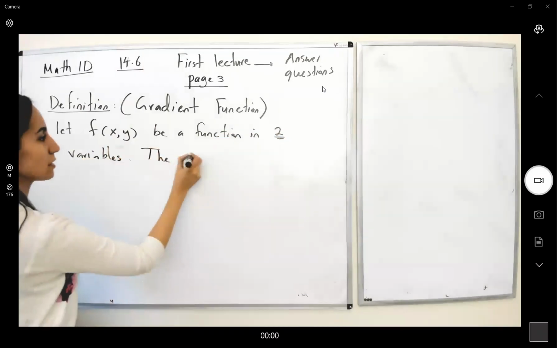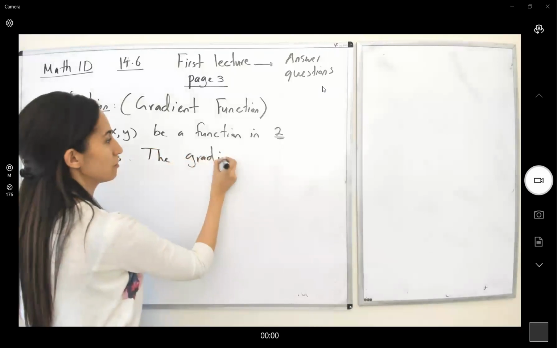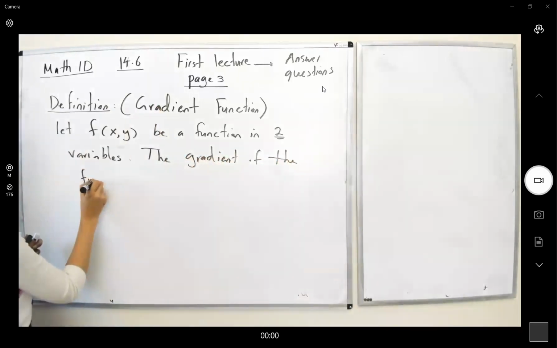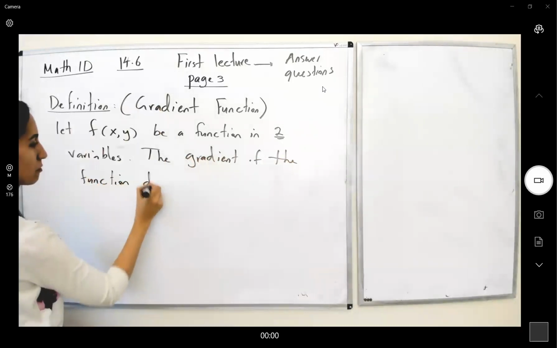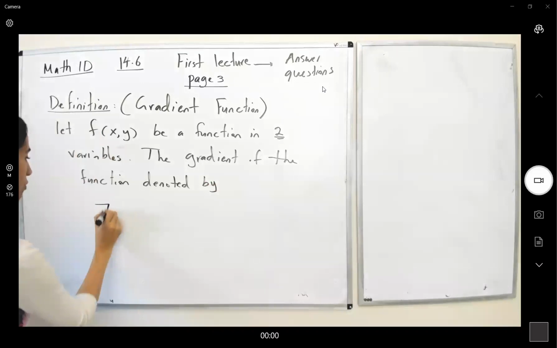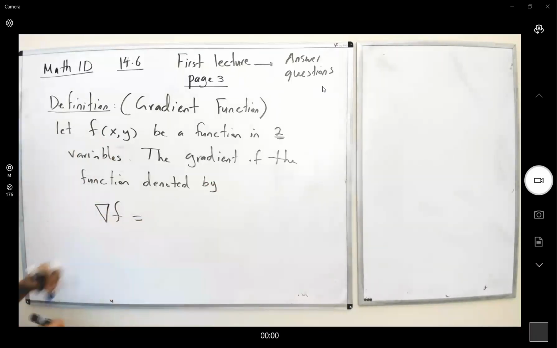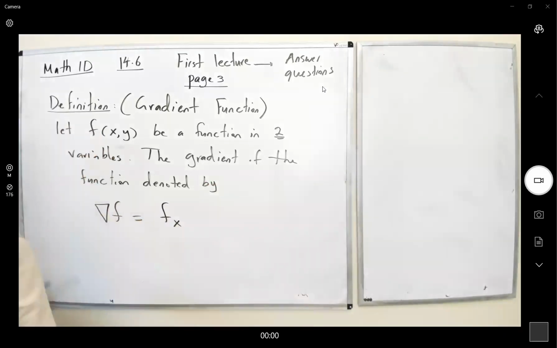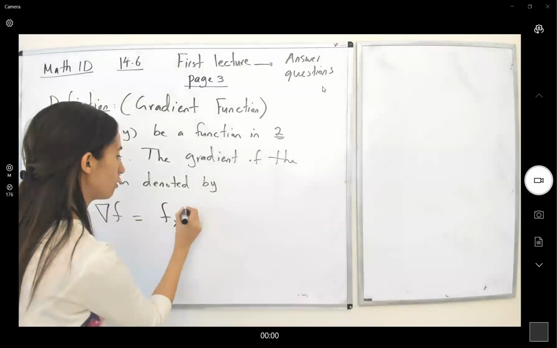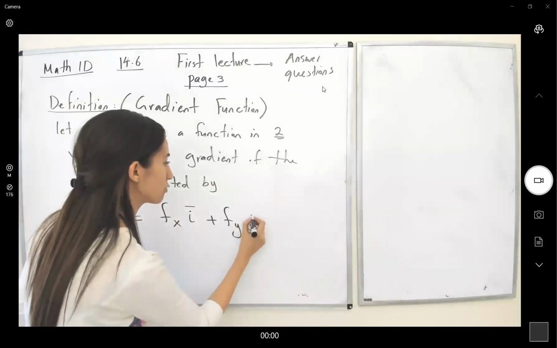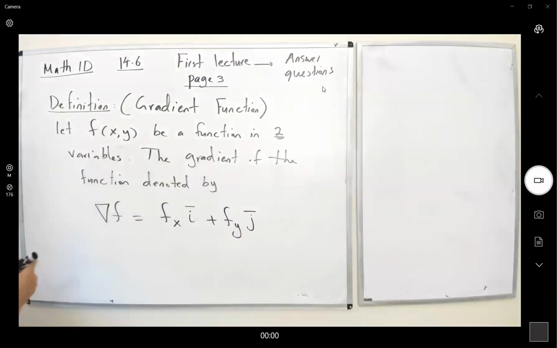The gradient of the function, denoted by gradient of f, not log f, is defined as f sub x in the direction of the x-axis plus f sub y in the direction of the y-axis.